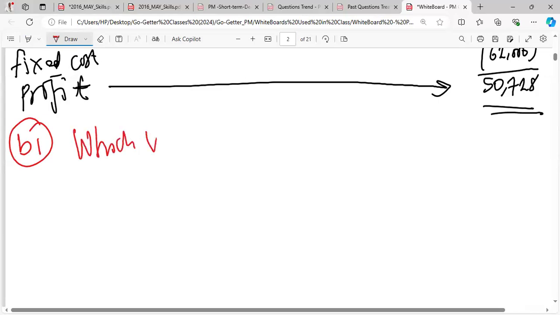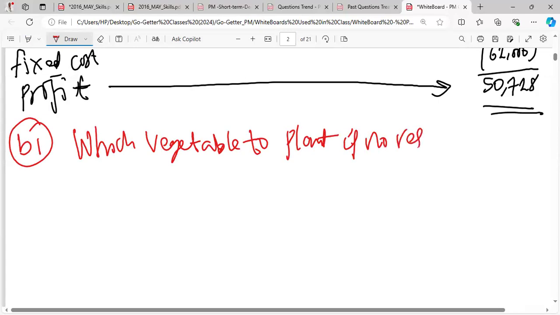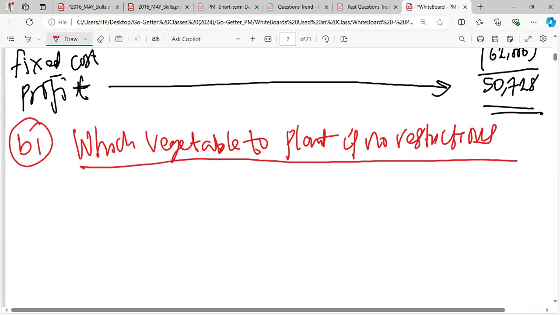Which vegetable to plant if no restrictions? So there are no restrictions whatsoever. So what do you do now?